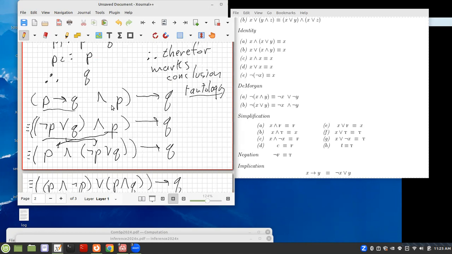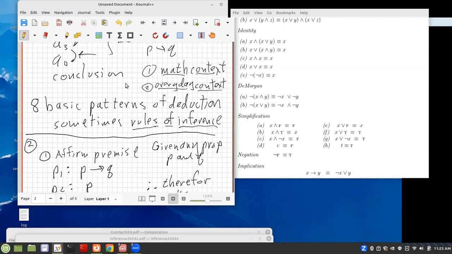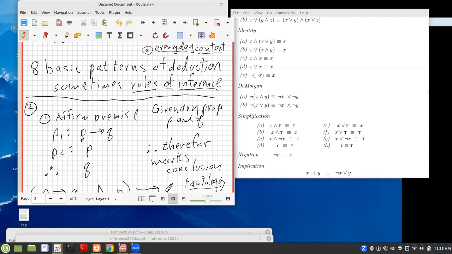There's a long sequence of operations using this stuff, but then we know that P and P implies Q implies that Q is true, is a tautology. So if we start from P and P implies Q, our move can be Q. That justifies making the move from P implies Q and P to Q.